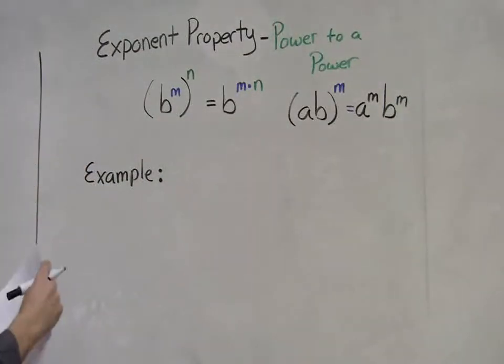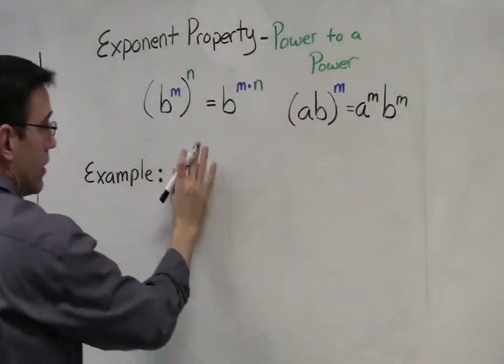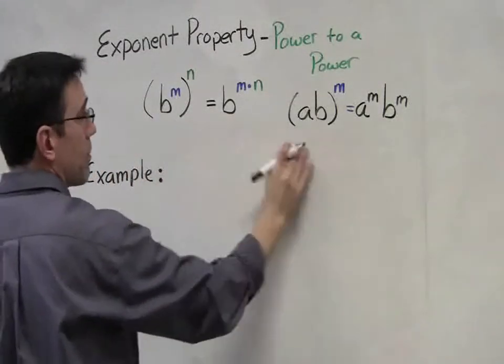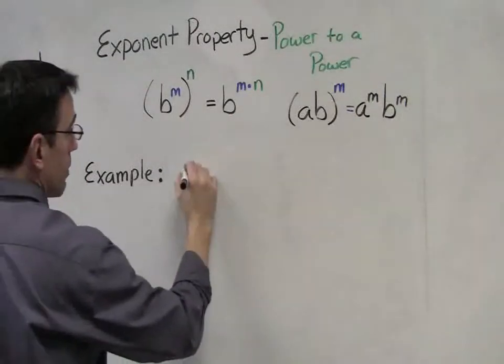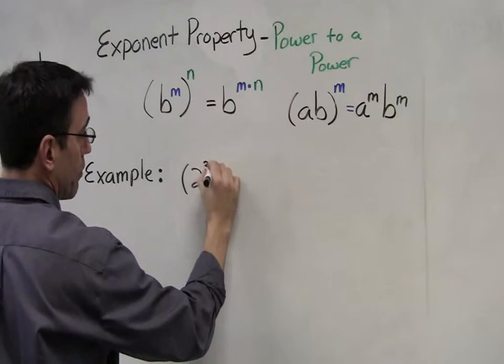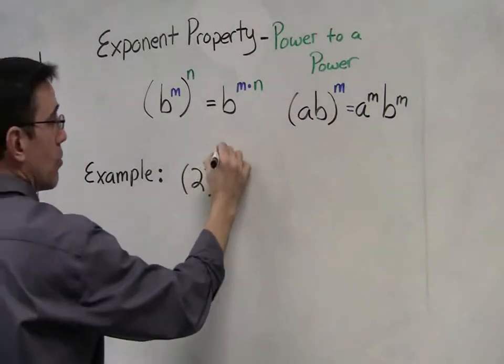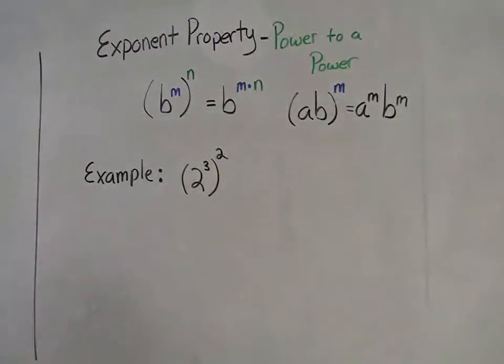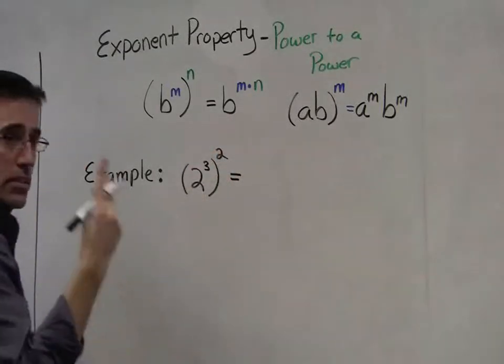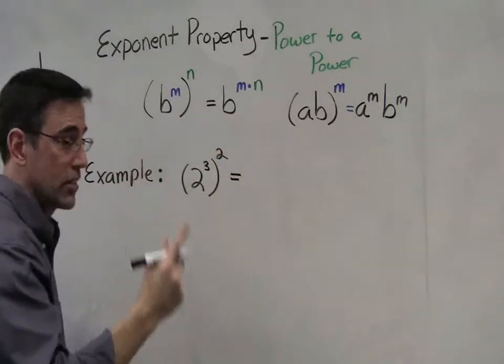All right, so first let's do an example of it getting expanded, so you see where all of these properties come from. So I'm going to take 2 to the power of 3 and raise that to yet another power, 2. So now raising something to a power of 2 means it's doubled. It's there twice.